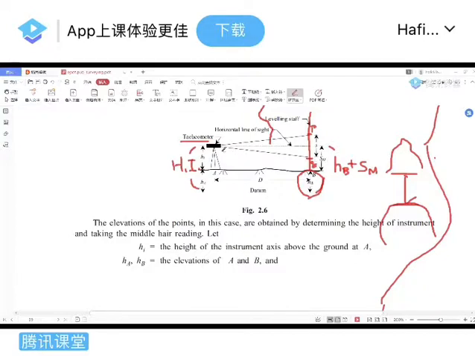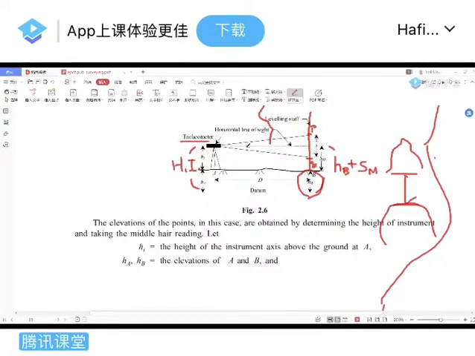SM can be calculated because once you have this one over here, and you have the length of your subtense bar, you can get the distance.